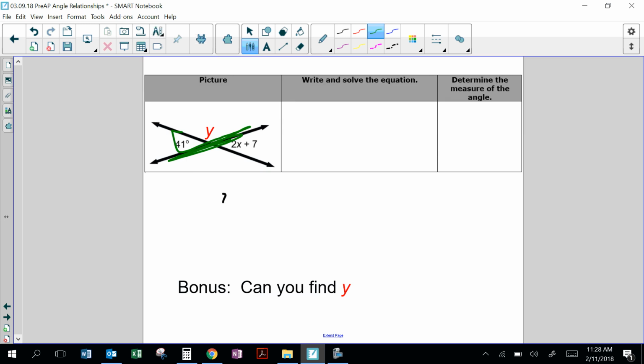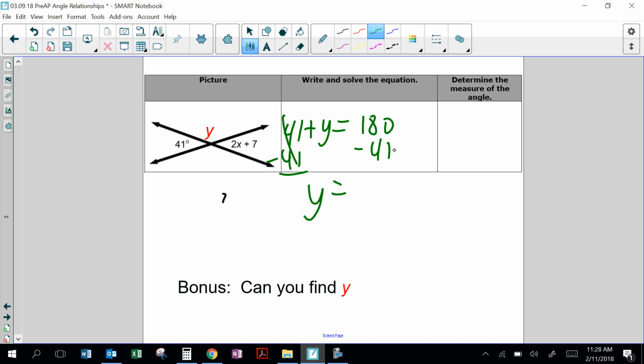So many ways to prove it. So let's prove it. 41 plus y equals 180. So if I subtract 41 from both sides, y equals, can I take away 1 from 0? Nope, got to regroup. That's a 7, and this is a 10. 139 degrees. So this is 139 degrees.